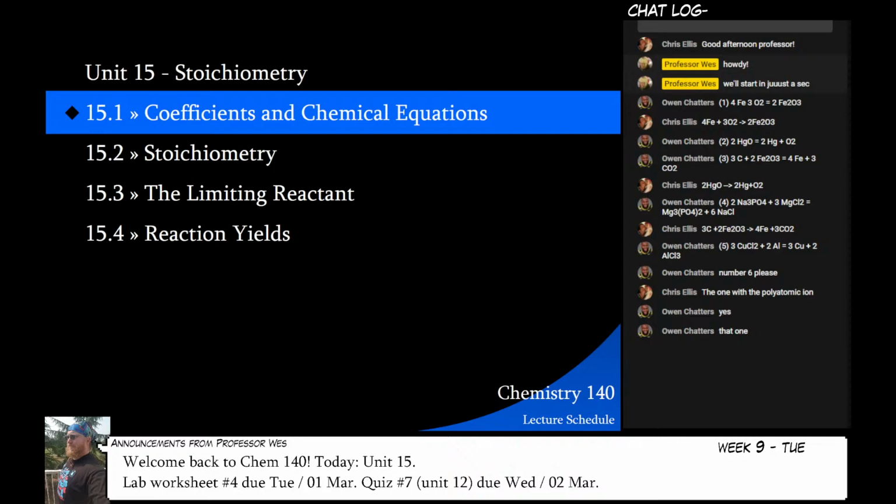The stoichiometry unit is basically the whole reason we have this class, because we found that when people got to Chem 161 without Chem 140, a large subset of them had trouble doing stoichiometry, because it's dimensional analysis from the Black Lagoon, basically. It's really, really complex and difficult if you were just leaping in blind. But now that we've had 14 units of stuff to prepare for this, it's going to be very straightforward.